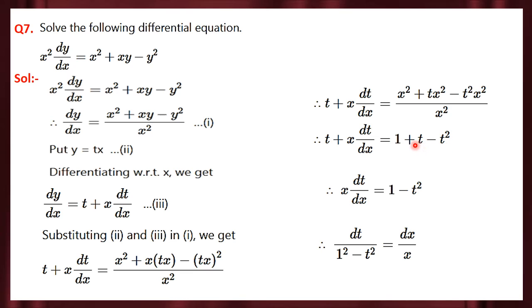Here t is cancelled from both the left and right hand side. So x into dt by dx is equal to 1 minus t square. So it can be written as dt by (1 square minus t square) is equal to dx upon x. Now the left hand side contains 1 upon a square minus x square form. So we will integrate both sides.